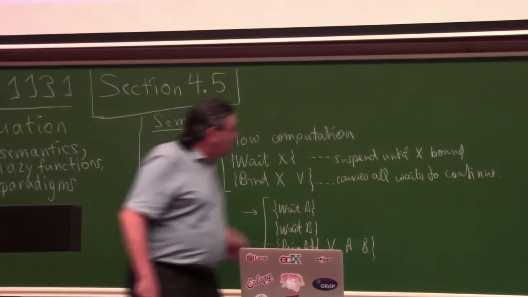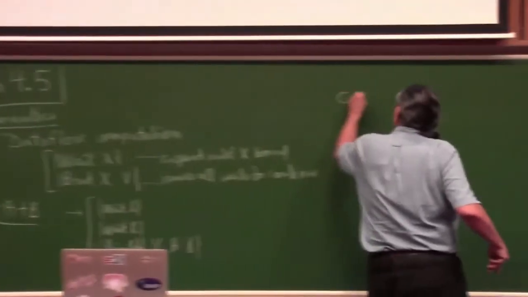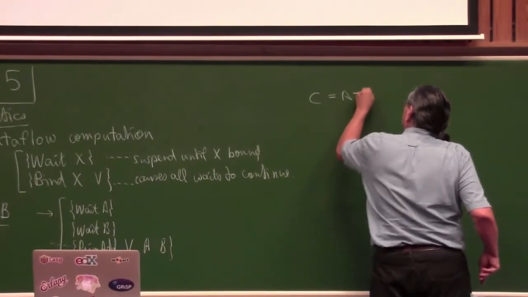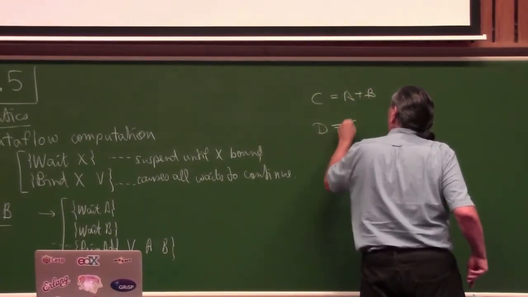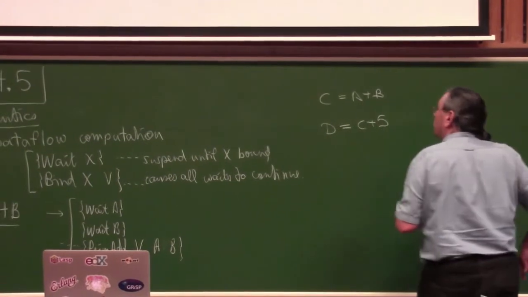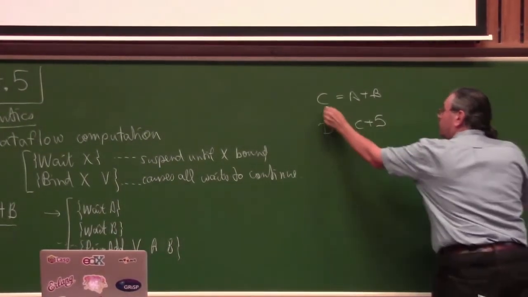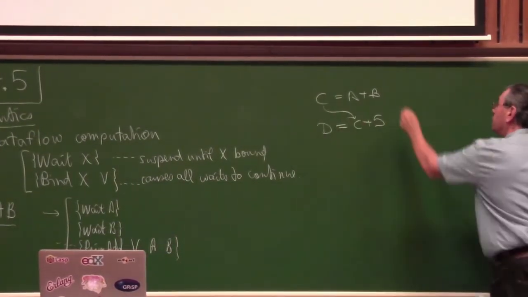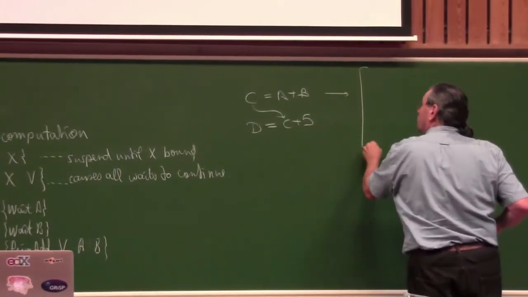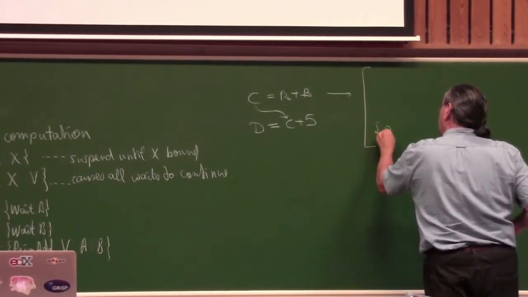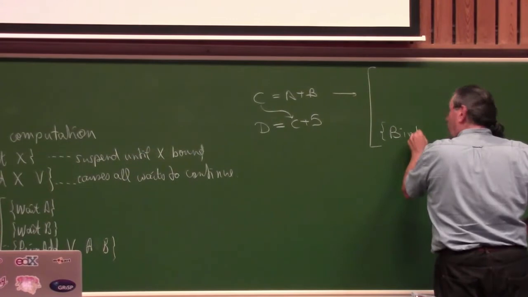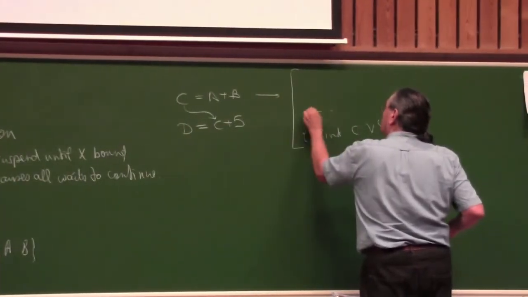So if I do now a data flow operation, if I have something like C equals A plus B, and then D equals C plus 5, okay, then there is a data flow connection between these two. So the first one will eventually do bind of C with V, okay?